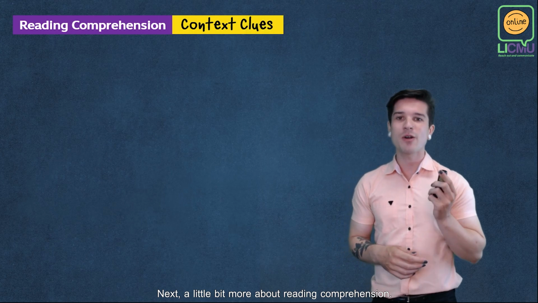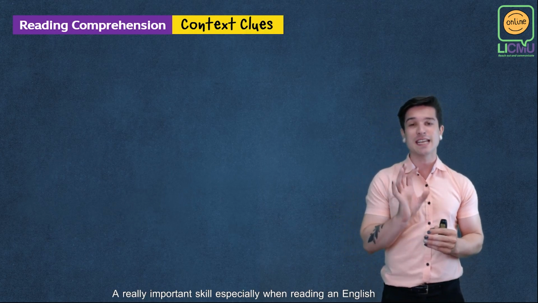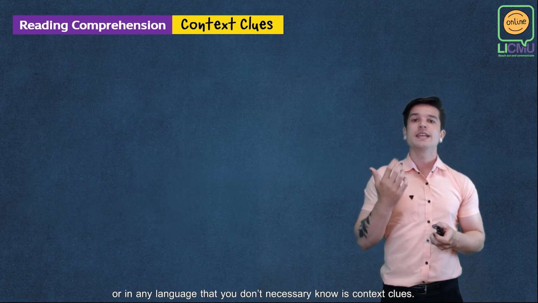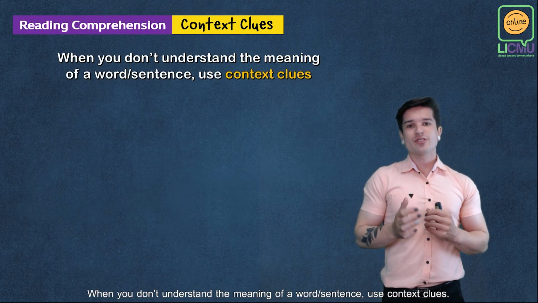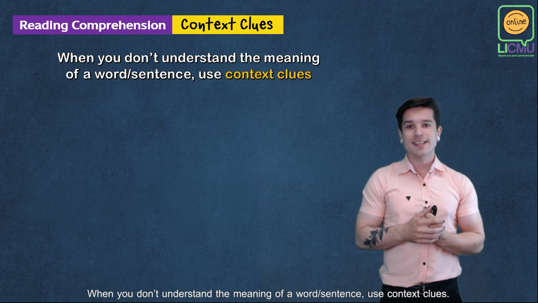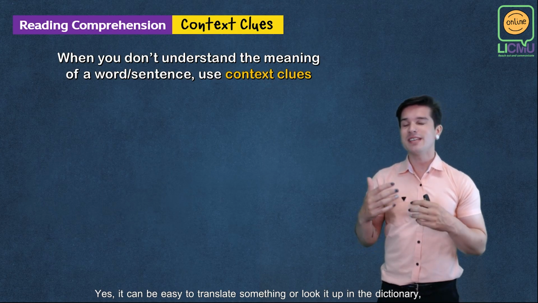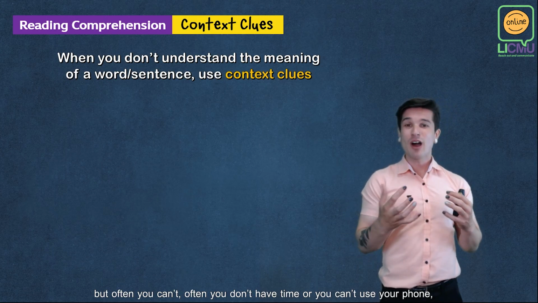Next, a little bit more about reading comprehension, a really important skill, especially when reading in English, or in any language that you don't necessarily know, is context clues. When you don't understand the meaning of a word or a sentence, use context clues. Yes, it can be easy to translate something or look it up in a dictionary, but often you can't.